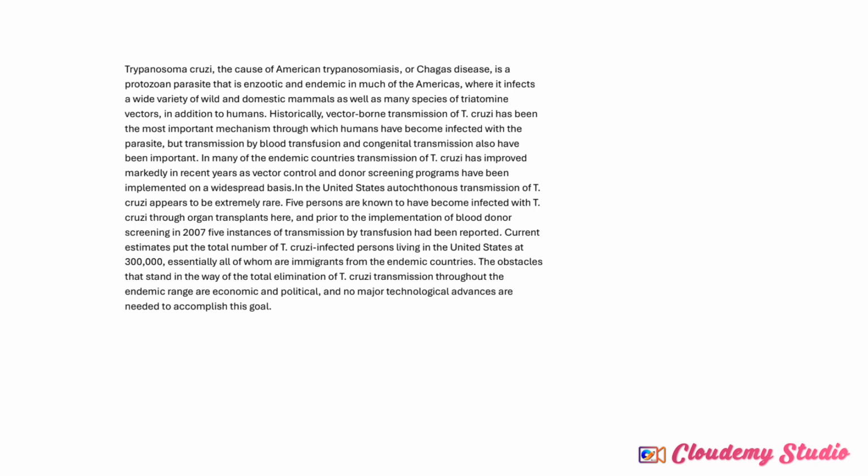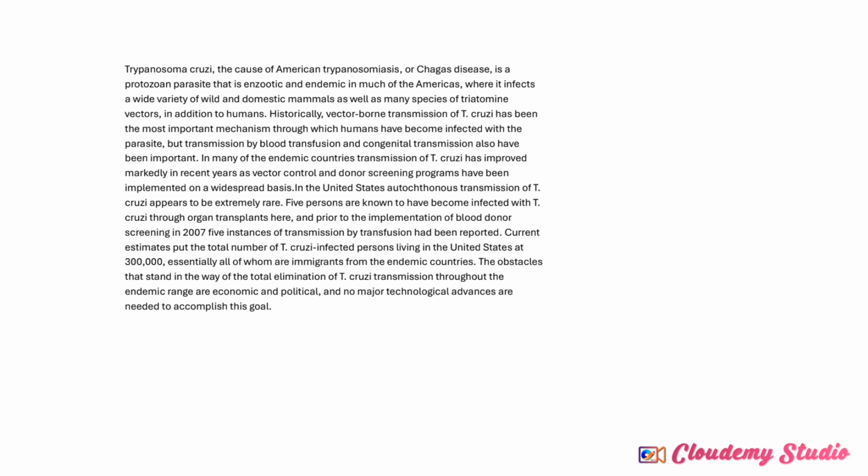Now, in the United States, transmission of Trypanosoma cruzi appears to be extremely rare. 5% are known to have been infected through organ transplants, apart from insect bites.